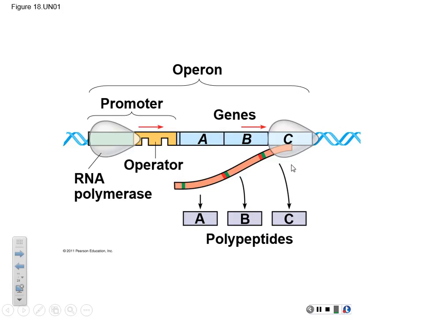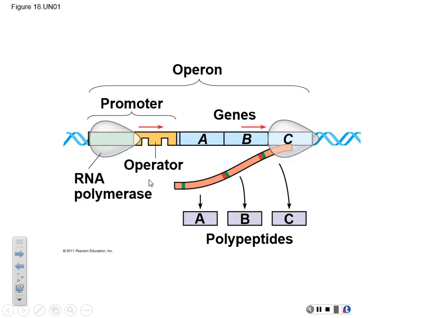Polycistronic occurs only in prokaryotic organisms. All of our RNA molecules are monocistronic. We never have more than one protein spelled out along the length of an RNA. So, but in prokaryotes, polycistronic messages are very common. All right? So you got your polycistronic message.